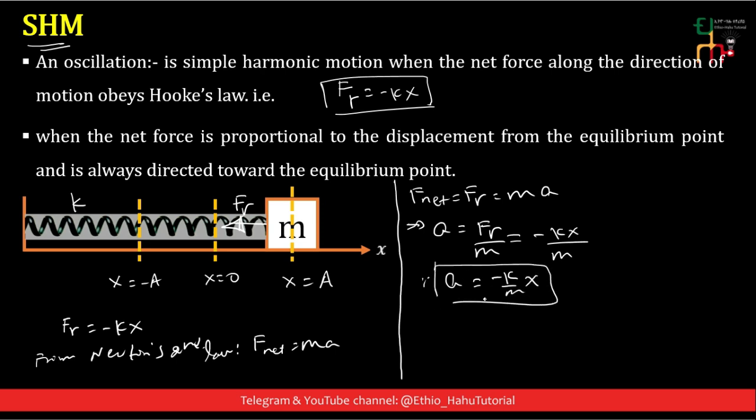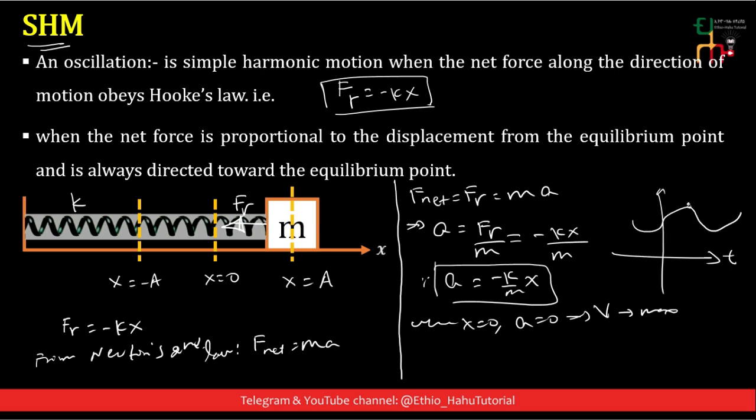Here again, the acceleration is directed towards the equilibrium position. When x is equal to 0, the acceleration is 0. That means the velocity is maximum, because if we have a velocity versus time graph curve, then at the maximum point and at the minimum point, the acceleration is 0, because this is the velocity axis. At this point, the slope is 0 or the derivative is 0.